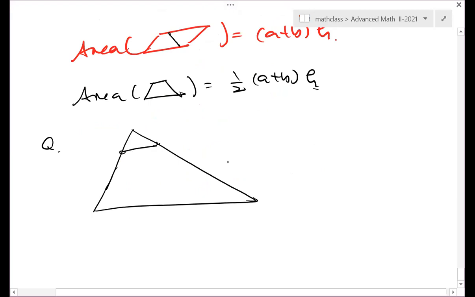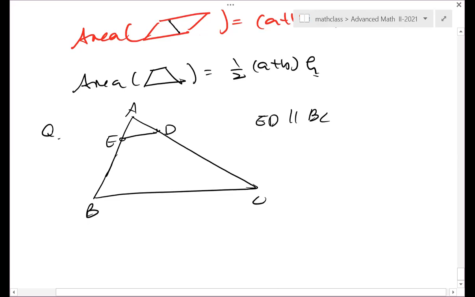These two lines are parallel. So A, B, C, D, E: ED is parallel to BC.